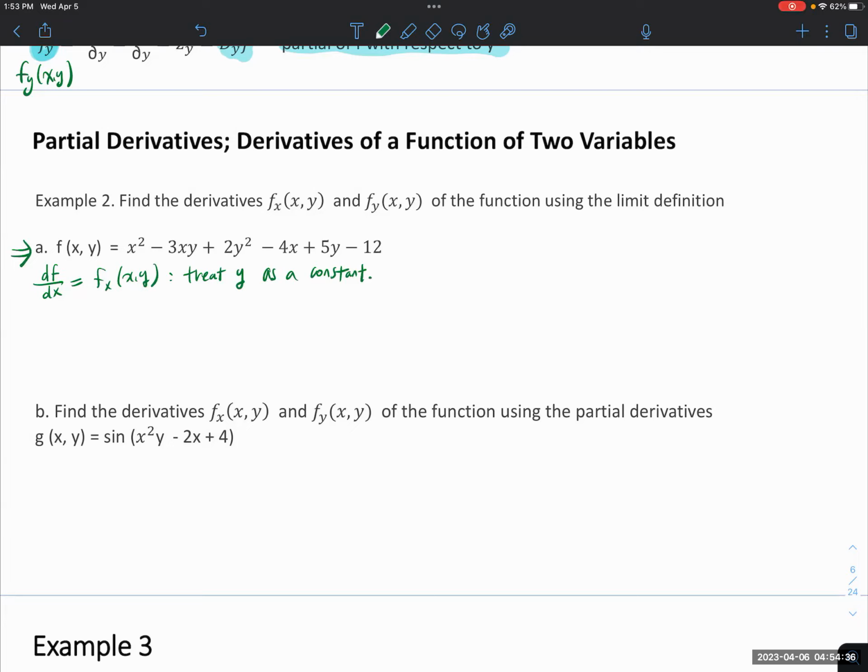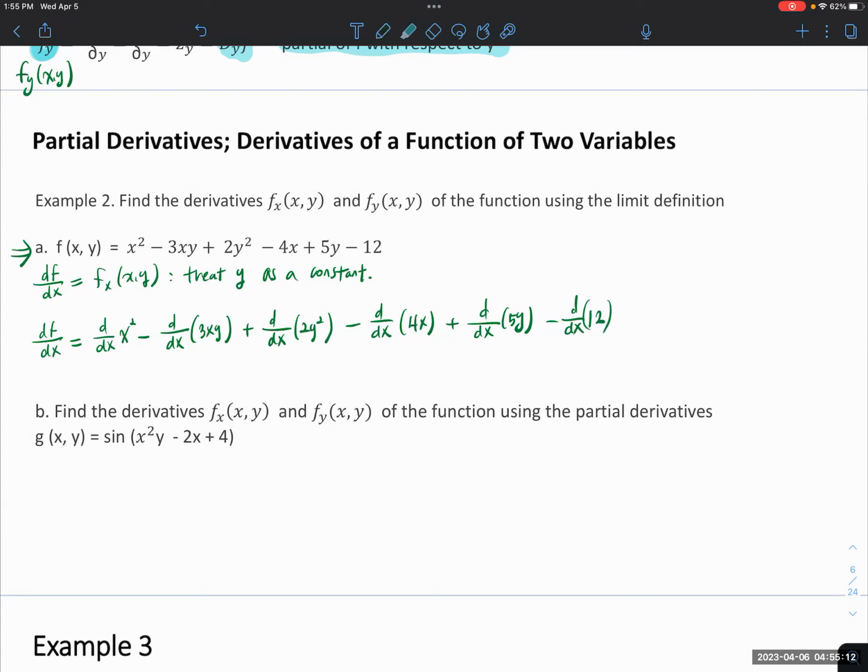Okay, so let's do the work. df over dx: we are taking d over dx of x squared, plus d over dx of 3xy, and d over dx of every term, you're taking the derivative with respect to x only, minus d over dx of 4x, d over dx of 5y, d over dx of 12. Are you following? And as I mentioned, treat y as a constant.